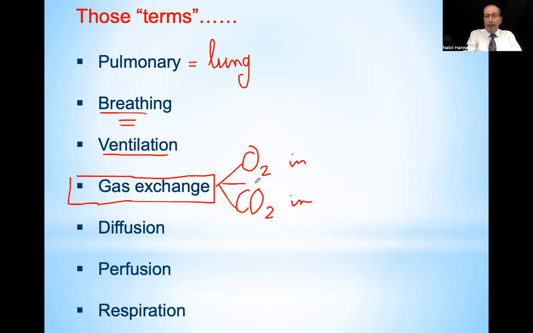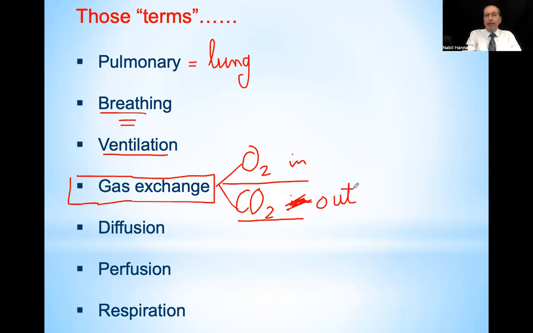If the lung fails to get oxygen in, this is respiratory failure, and we call it hypoxemic respiratory failure, because in this case, there will be less oxygen in the arterial blood. On the other hand, if the lung fails to get carbon dioxide, sorry, that's out, not in. So the lung function is getting oxygen in and carbon dioxide out.